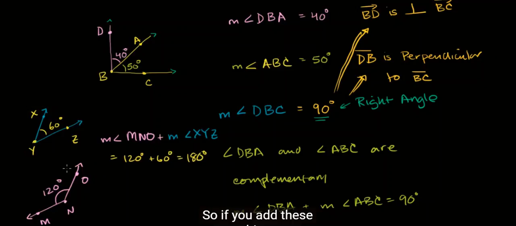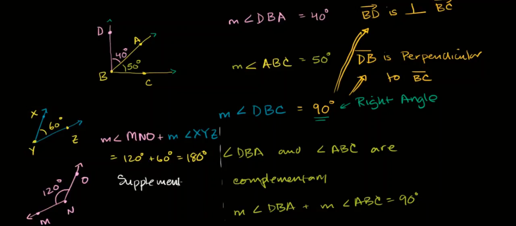So if you add these two things up, you essentially go halfway around the circle, or the entire half circle or semicircle of a protractor. And when you have two angles that add up to 180 degrees, we call them supplementary. I know it's a little hard to remember sometimes. 90 degrees is complementary. They're just complementing each other. And then if you add up to 180 degrees, you have supplementary.